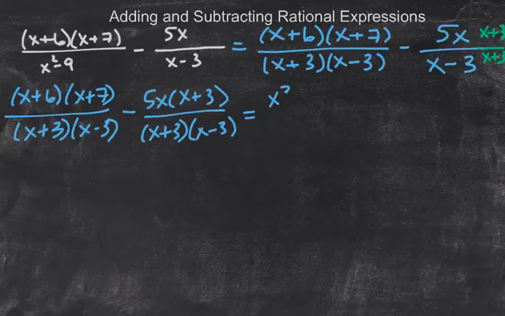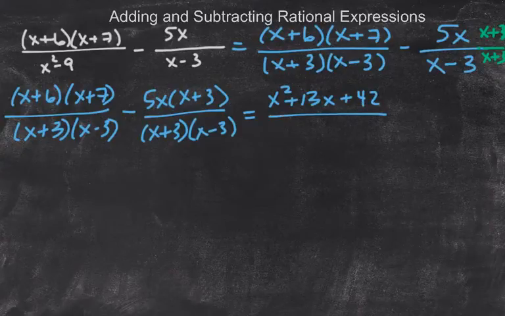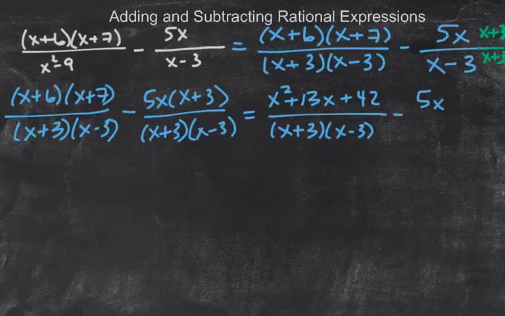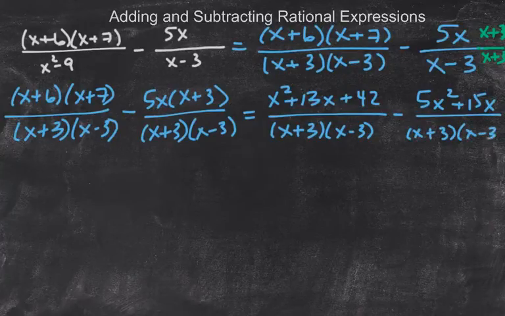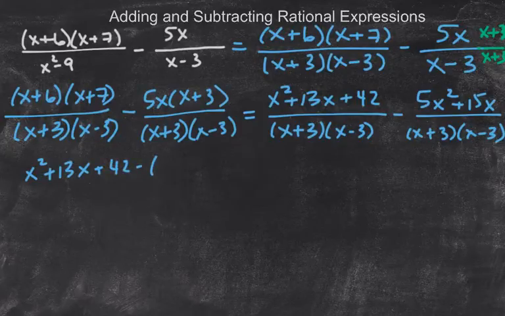So I've got x squared plus 13x plus 42 from my first numerator. And I've got 5x squared plus 15x from my second numerator. Alright, now I can combine my numerators. So x squared plus 13x plus 42 minus, in parentheses to make sure I subtract all terms, 5x squared plus 15x.